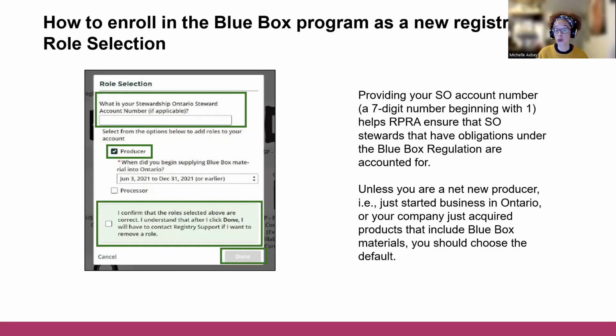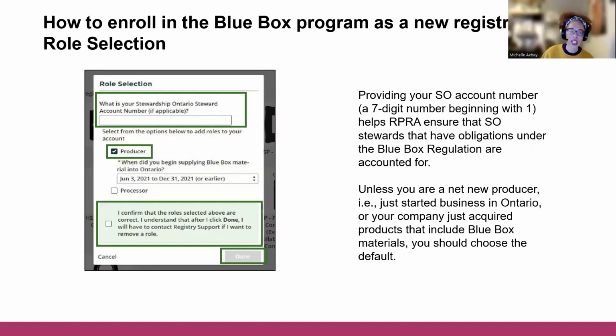So the onus is on the producers to ensure that they're reporting everything that they need to report. It may be in your specific situation that you can just take the numbers from Stewardship Ontario and put them right into your RPRA report and you're done. That's great. Just make sure that you're not missing anything. And we are always happy to walk through it with you to make sure that you're not missing anything.